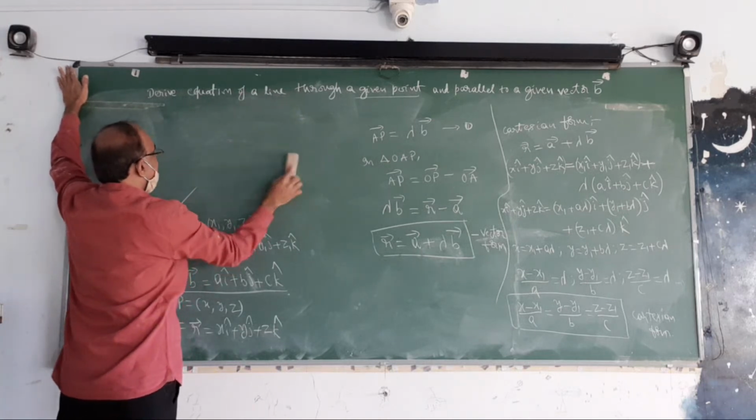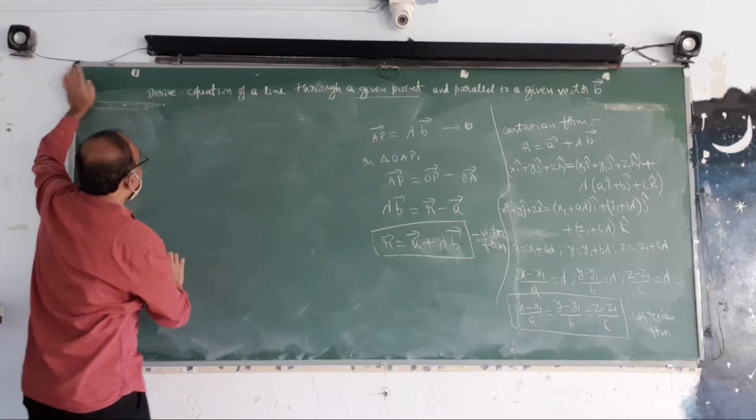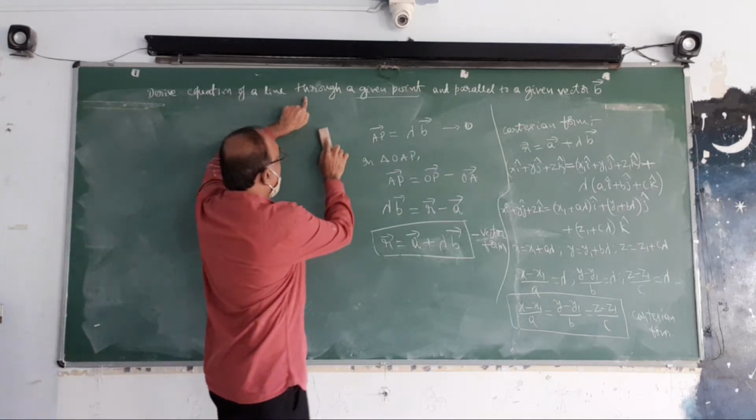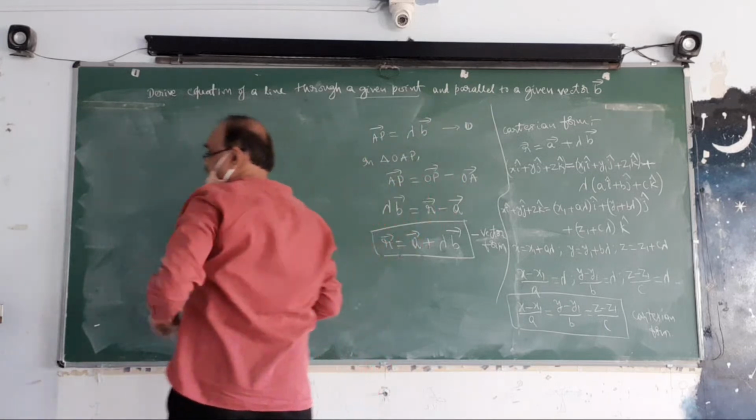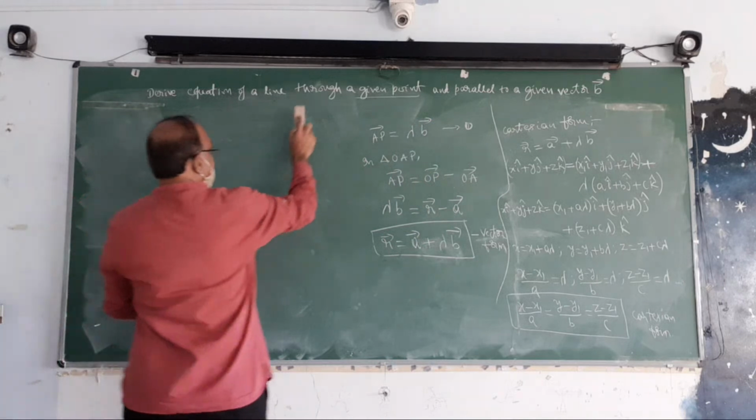The next one is the equation of the line. Write the equation of the line passing through two given points.